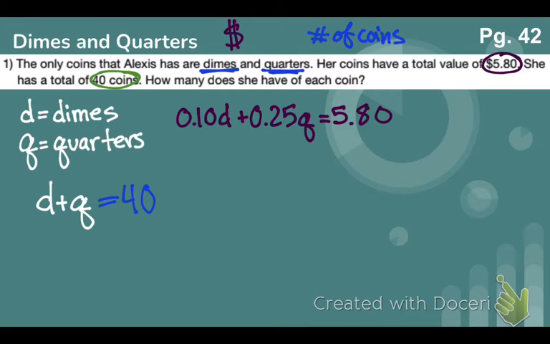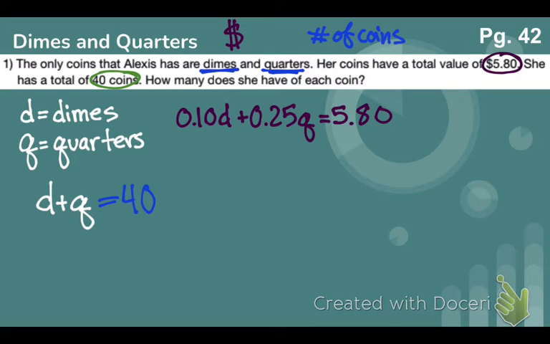So, what looks like the easiest method to use? Elimination. Elimination is when you multiply by one thing and then eliminate. Okay, we can do elimination. If we did substitution, we would move that Q over, have a value for D, and then plug that in.